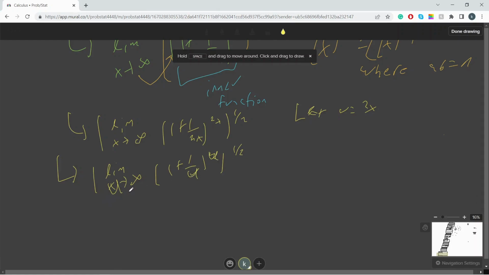Okay, so now we have the limit as u approaches infinity of (1 plus 1 over u) raised to the u.